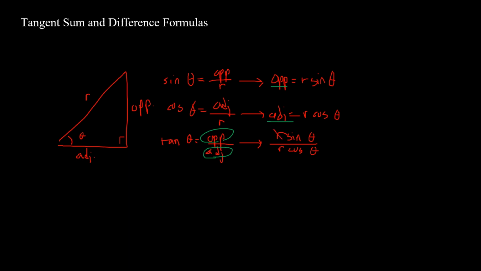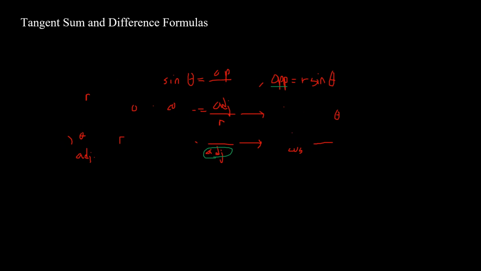Now if you notice, the r's here are actually going to cancel out, and I'm just going to erase them. So now we know that the tangent theta is going to be equal to sine theta over cosine theta. Now this is a very important property that we will be using a lot today. So that's pretty much the basics of this proof, and now we can continue on.